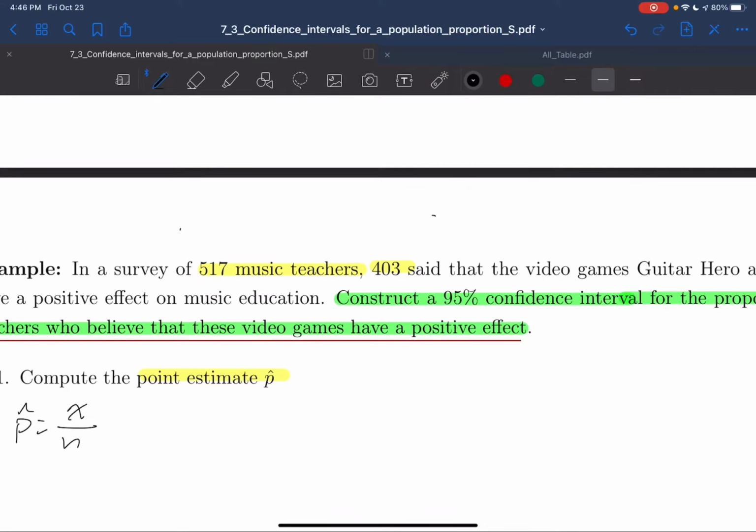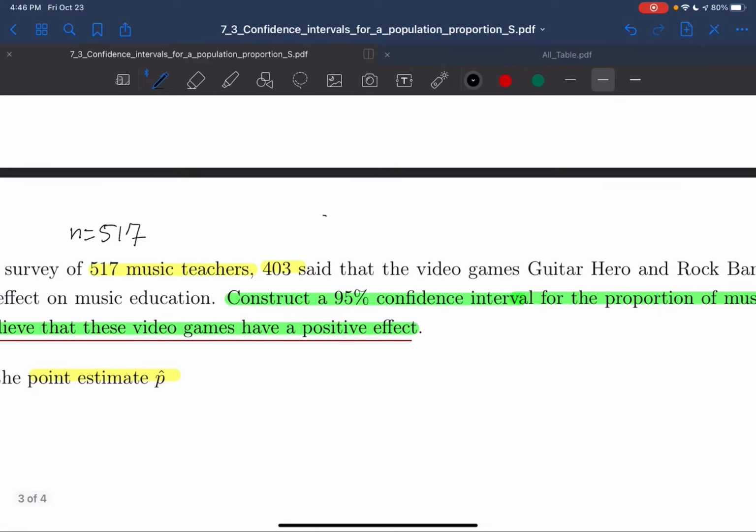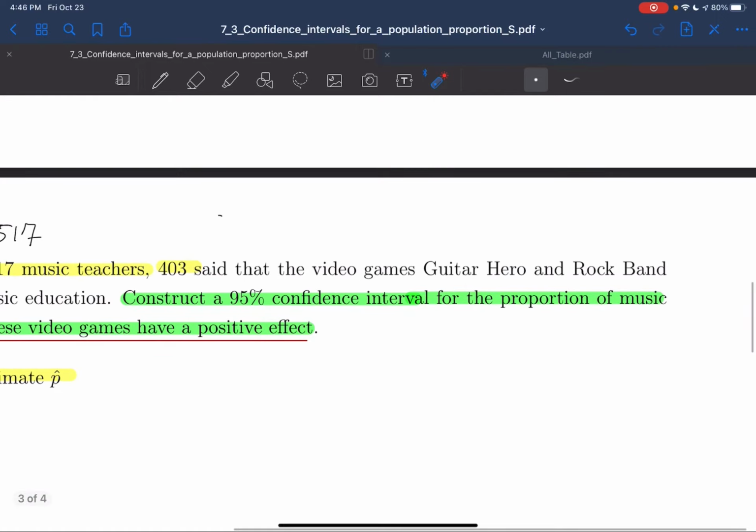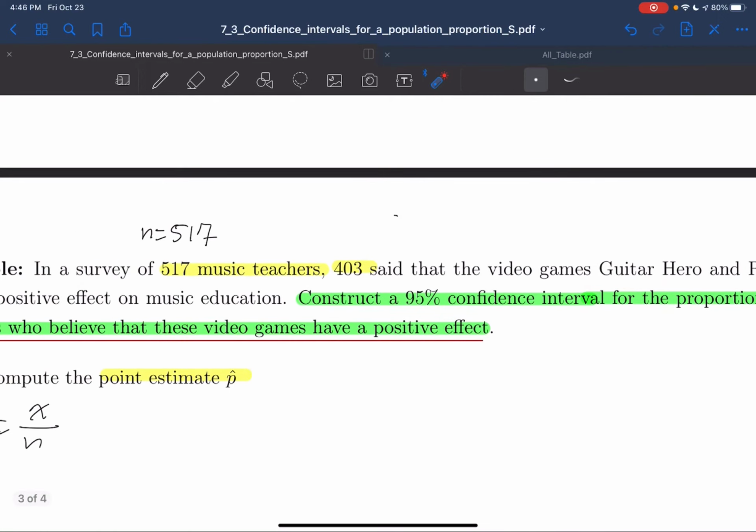So our sample size is 517. And we know that out of those 517, 403 of them said that video games like Guitar Hero and Rock Band have a positive effect on music education. So this gives us an idea that x is 403.